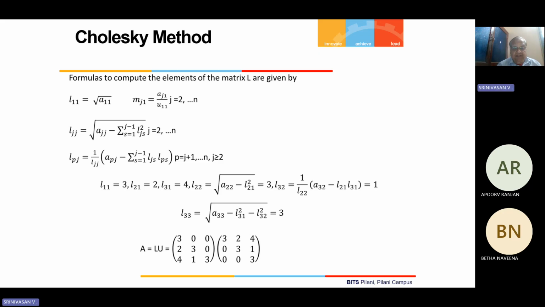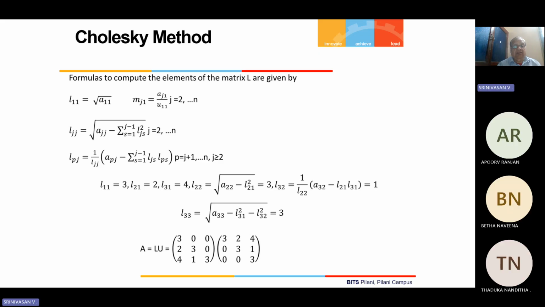Since we have taken straight away L, the formula also we take only, it is L11 fixed. It is L11. AJ1 divided by L11. Okay, this is your LJ1.